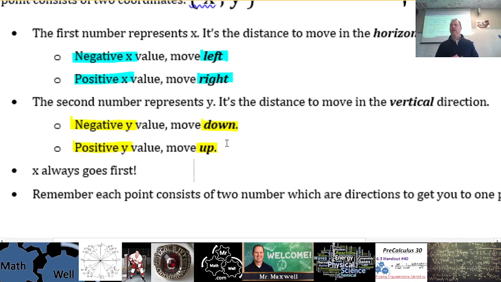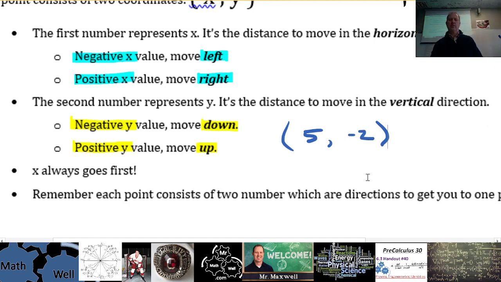All right, the x value always goes first. So if you see a coordinate like this, 5, negative 2, okay, that's the coordinates for a point. This is always the x value, the horizontal direction. This is always the vertical direction, x, y.